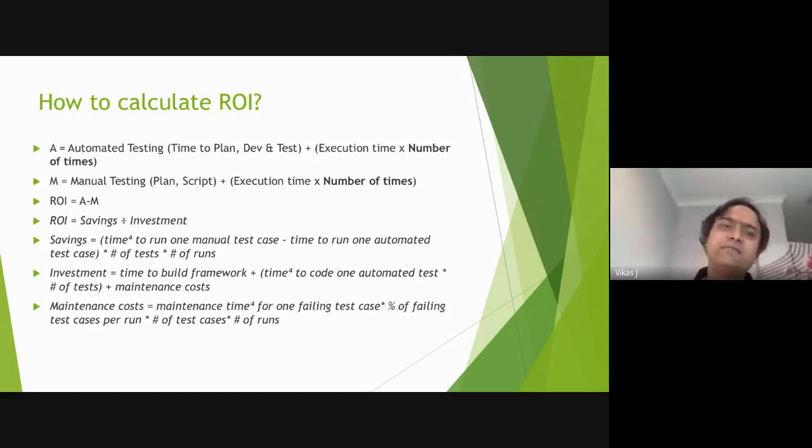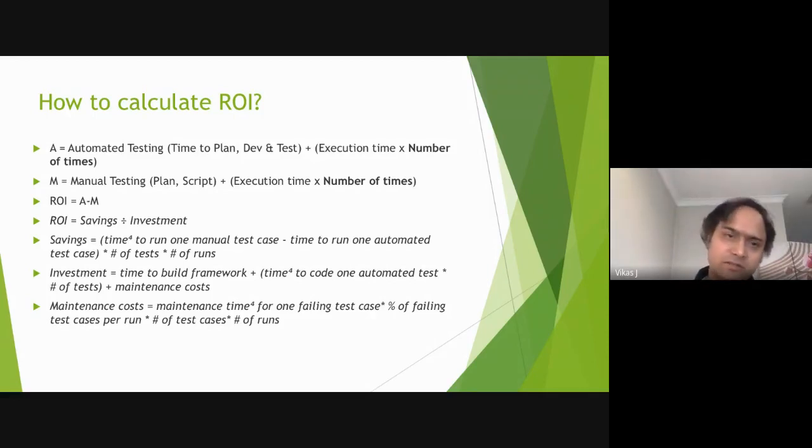And then if we are pitting automated testing against manual testing, what if the manual testing is obsolete? I'm sure there are a few organizations out there where there is no manual testing, it's all about automated testing. So how exactly are we going to calculate the return on investment then, right?